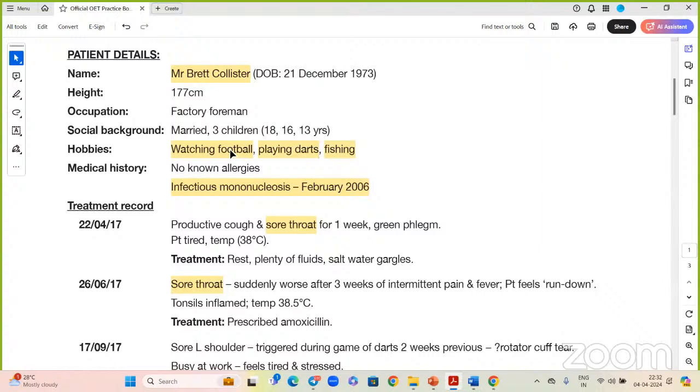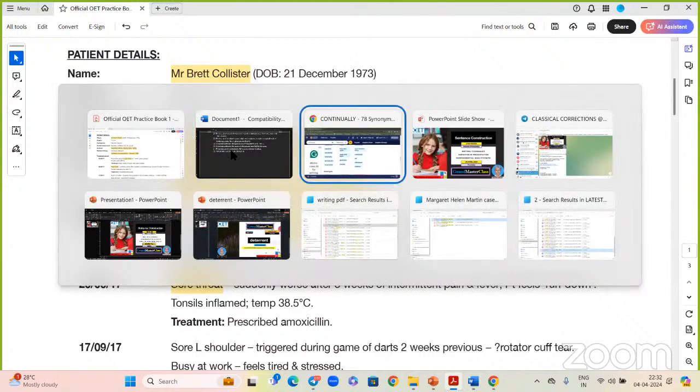So he leads a sedentary lifestyle, you can say.